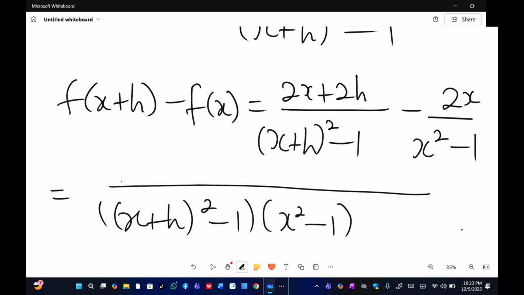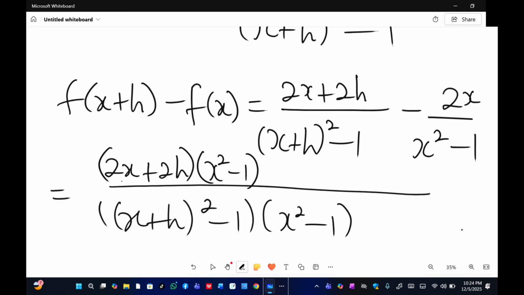Alright. So when you divide the LCM by the first denominator, it will leave us with x squared minus 1. So we are going to get 2x plus 2h in bracket multiplying x squared minus 1. Then we take the second one too. When that one divides the LCM, it will leave us with x plus h all squared minus 1.